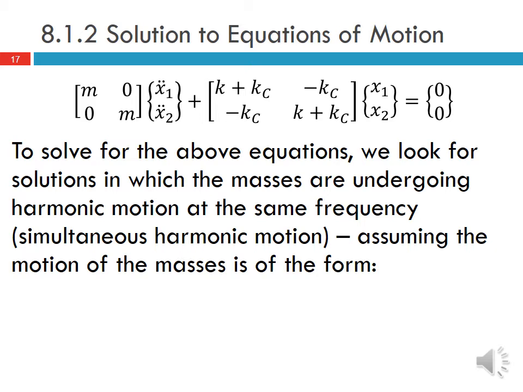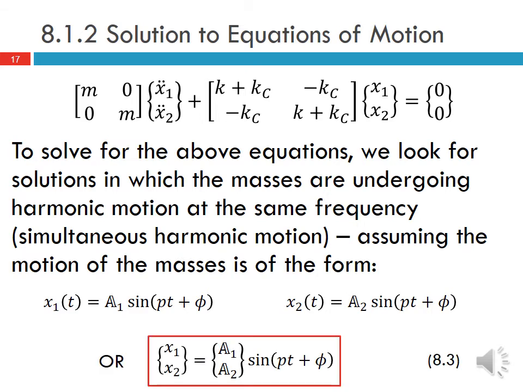So we assume that the motion of the masses is of the form x1 of t is a1 sine(pt plus phi), and x2 of t is a2 sine(pt plus phi). Or we could rewrite this as the vector (x1, x2) is equal to (a1, a2) times sine(pt plus phi). So you see that both of these are undergoing harmonic motion at the same frequency, so simultaneous harmonic motion.